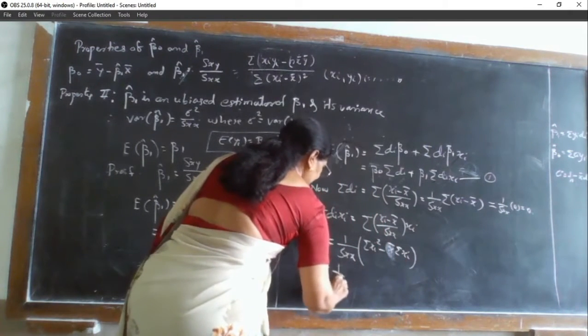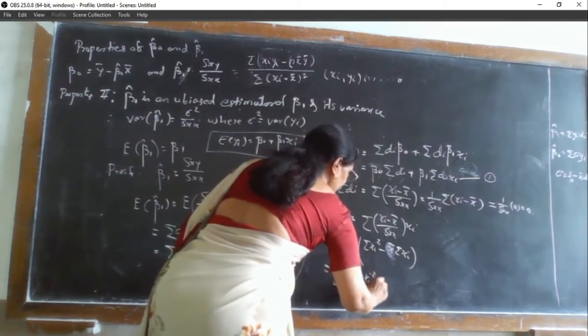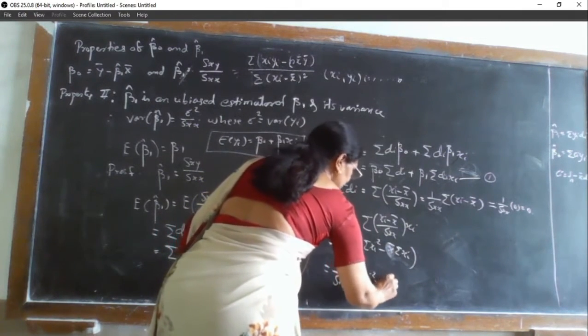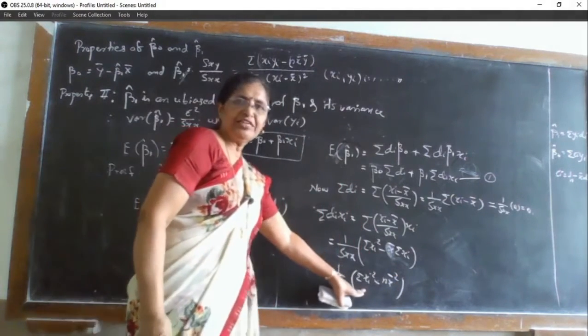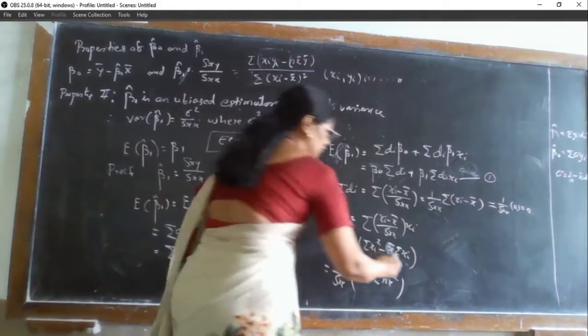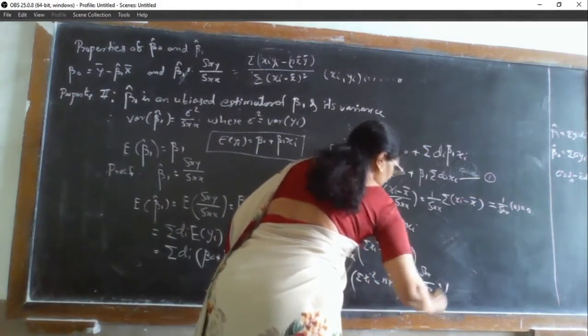So it is 1 upon Sxx, summation of xi square minus, since summation of xi is n times x bar, n times x bar square. So this quantity is again Sxx, therefore this is Sxx upon Sxx, which is equal to 1.